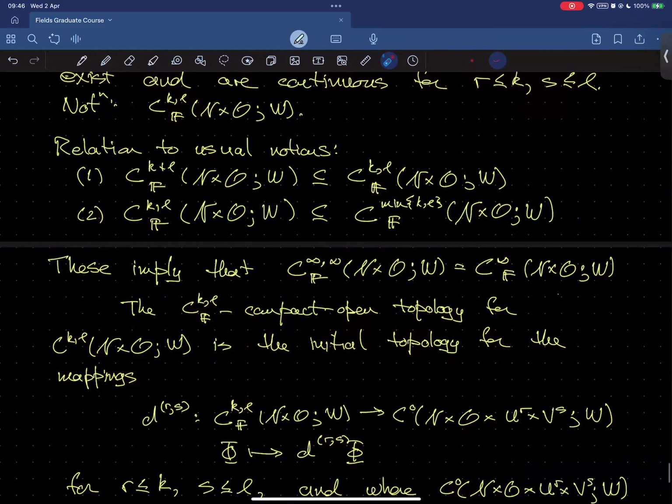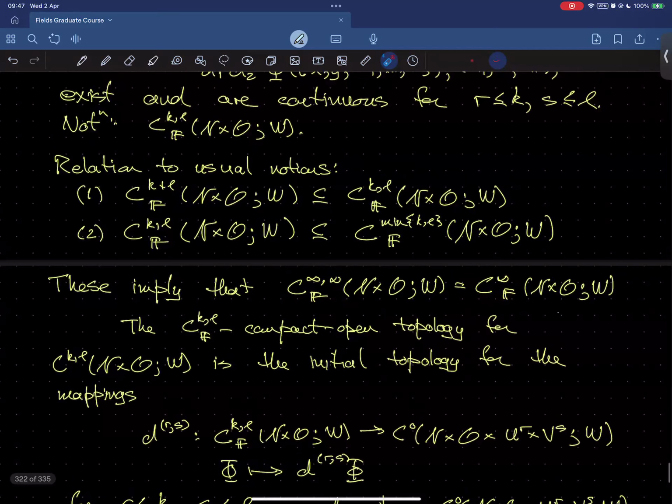And so in particular, this gives you the very nice implication that C infinity comma infinity is the same thing as C infinity, right? And that's nice because infinity is a common assumption that you make in applications, okay?